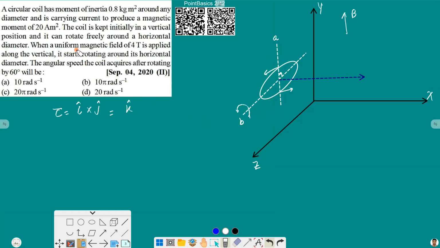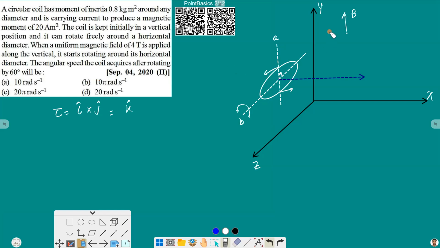So when a uniform field of 4 Tesla is applied along the vertical, it starts rotating about its horizontal diameter. So it starts rotating about diameter B. The angular speed of the coil after rotating by 60 degrees.